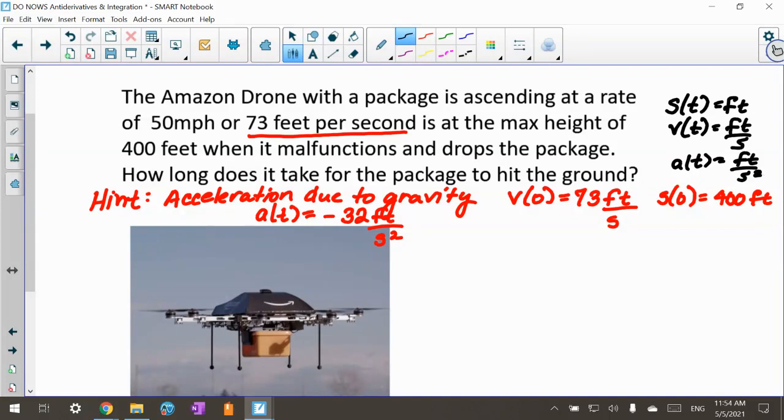So this is our position. S prime of t is our velocity, and S double prime of t is acceleration. I'm just reminding you. So if I know acceleration, I can go backwards and figure out our position function.